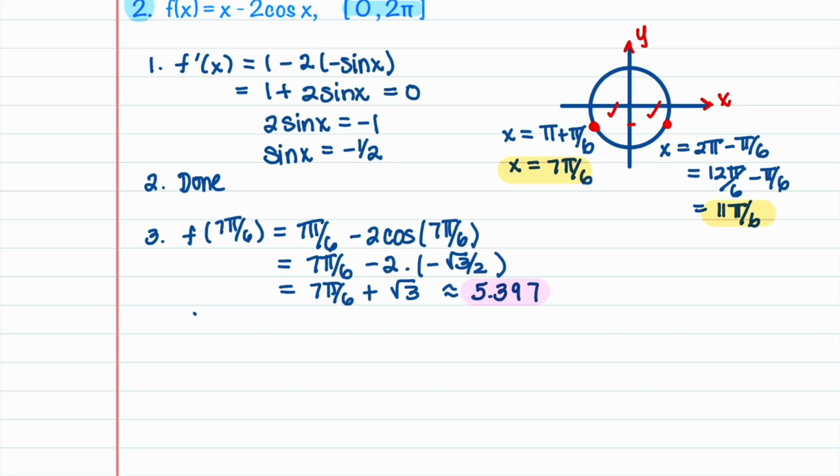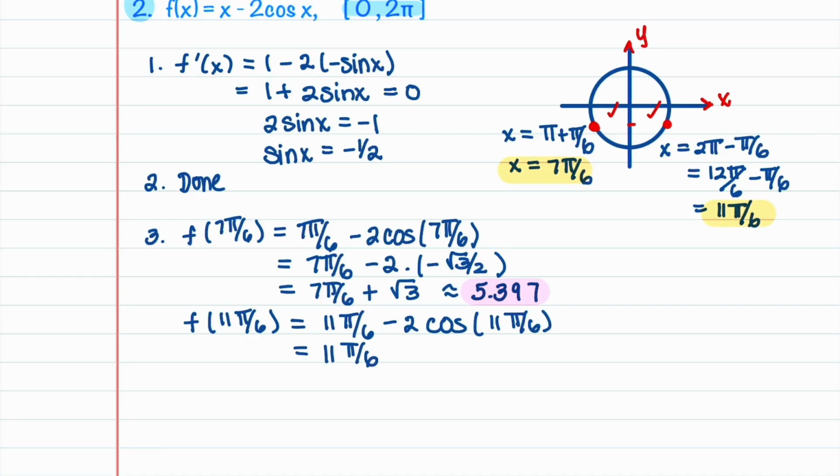Now let's do our other critical number. Let's find f at 11 pi over 6. So this is 11 pi over 6 minus 2 cosine 11 pi over 6. Hang with me. I know this is hard, but we can do this. Minus 2.